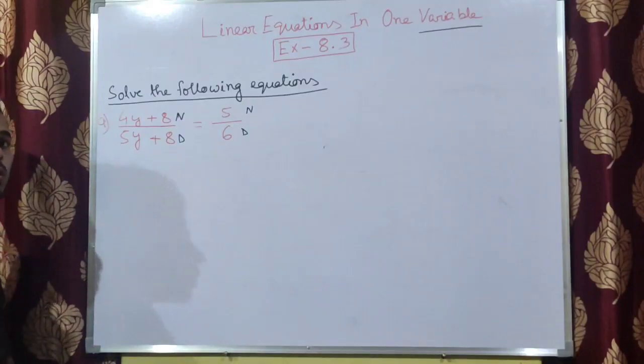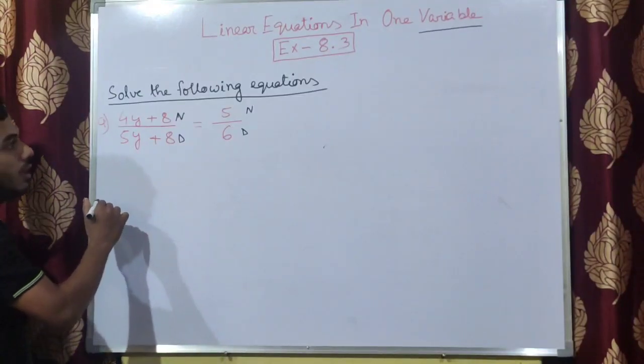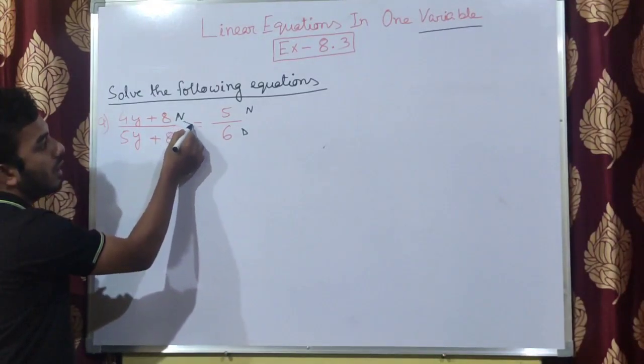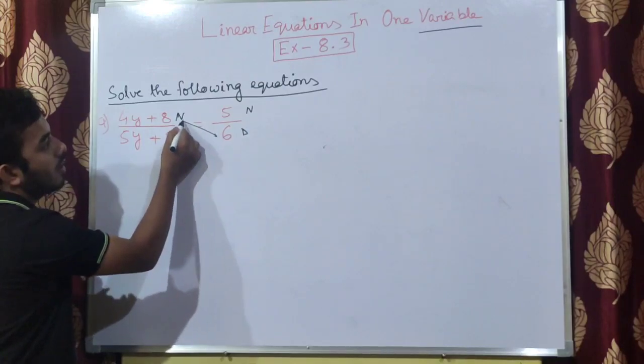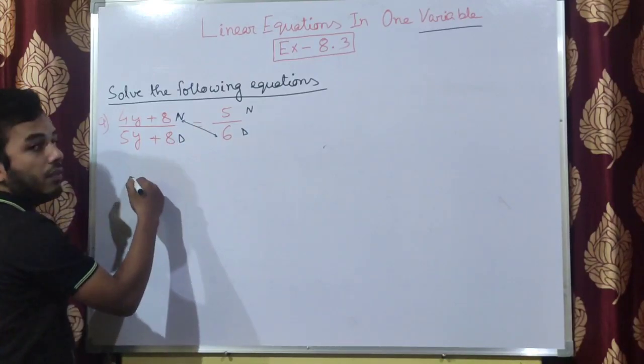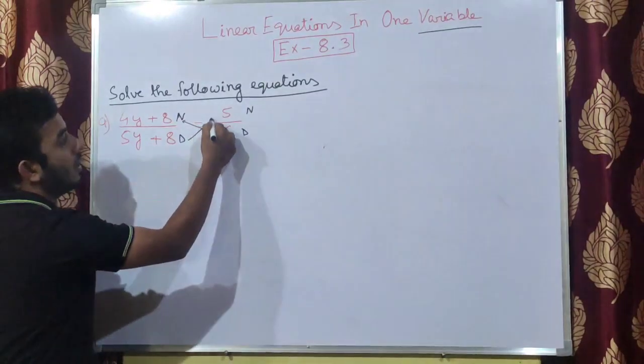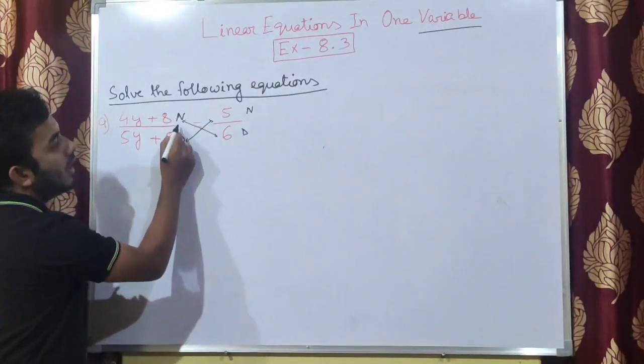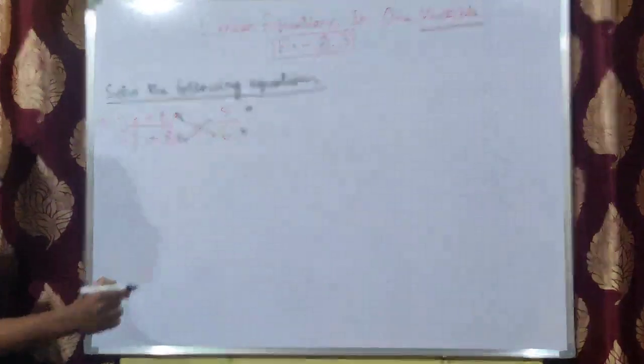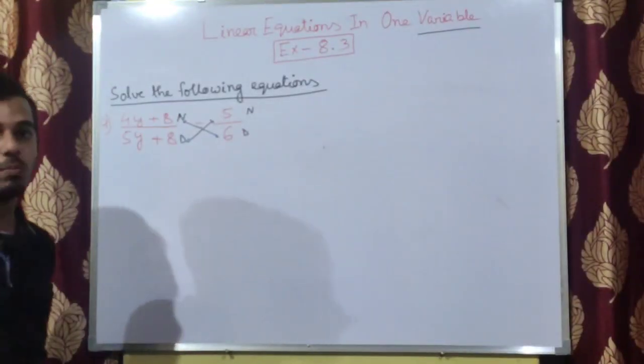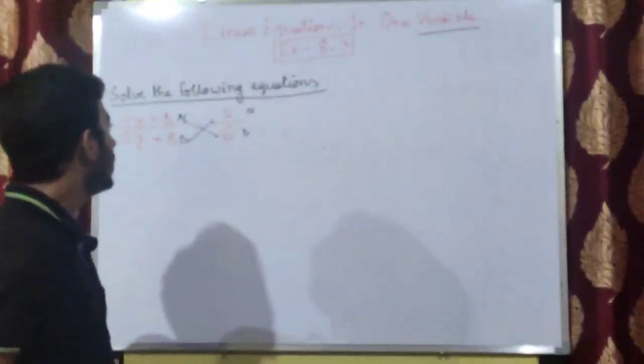In cross multiplication, we multiply the left hand side numerator with the right hand side denominator, and the left hand side denominator with the right hand side numerator. Look here, it becomes a cross, so this method is known as the cross multiplication method.